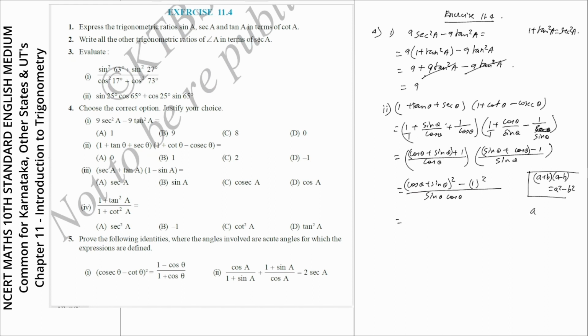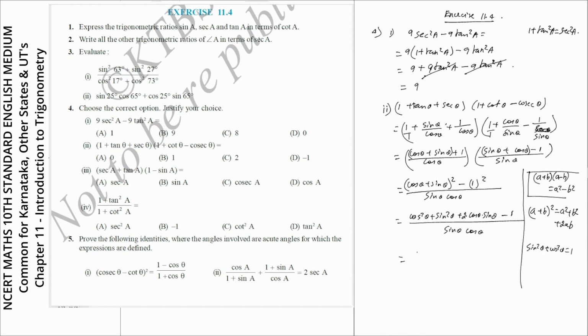Now we also know that a plus b the whole square is equal to a square plus b square plus 2ab. Therefore, cos theta plus sin theta the whole square I'll expand now. So I'll get cos square theta plus sin square theta plus 2 into cos theta sin theta minus 1 square is 1 only, the whole divided by sin theta cos theta. Now we know that sin square theta plus cos square theta is equal to 1.